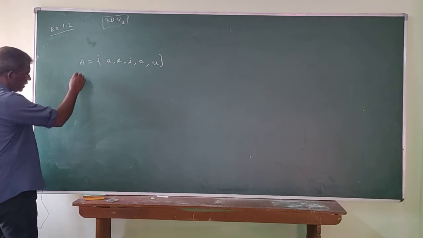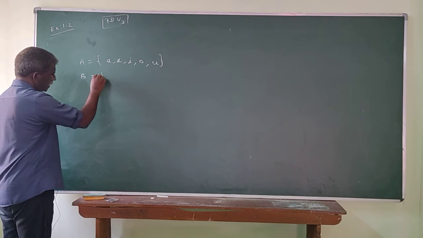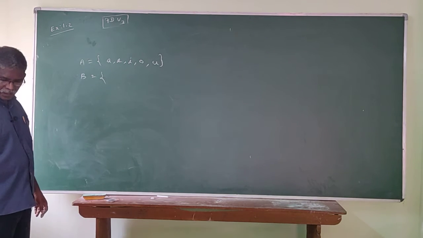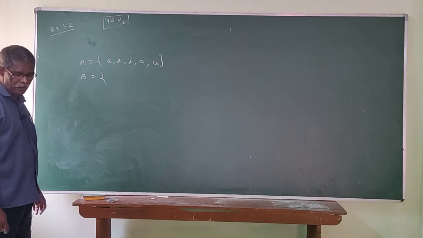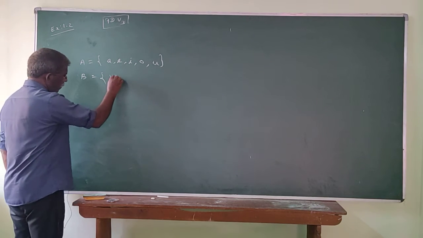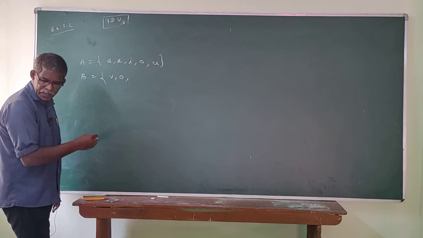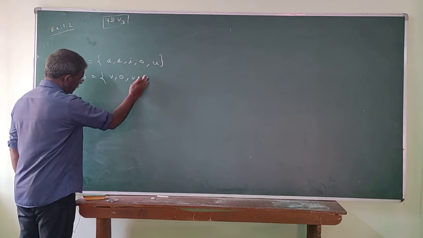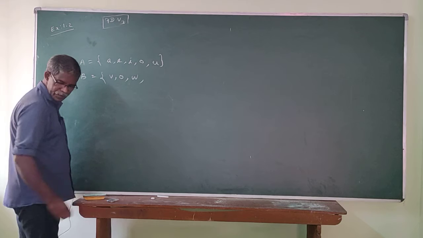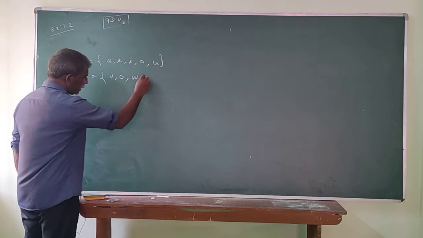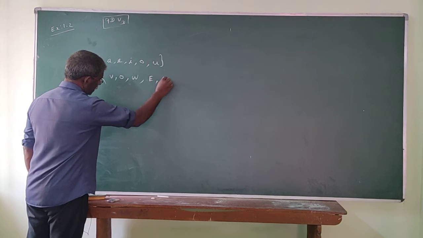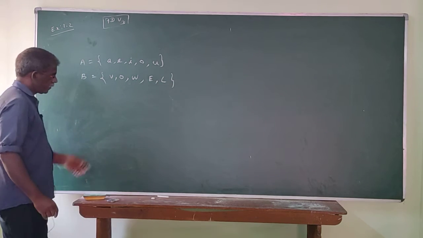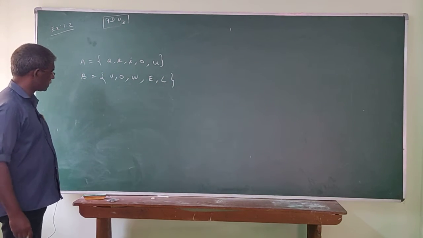Then set B is equal to the set of all letters in the word vowels: V, O, W, E, L. Here 5 elements, here also 5 elements.